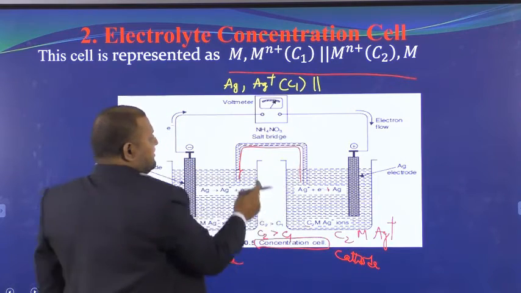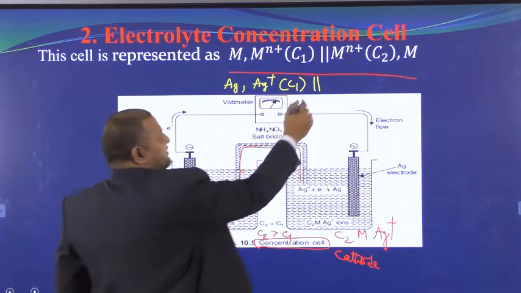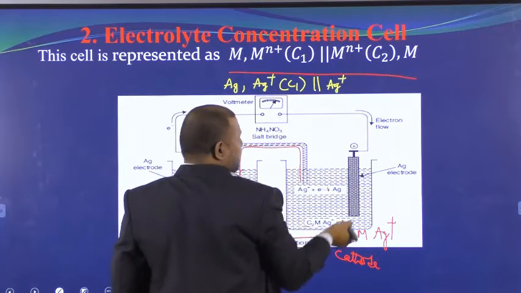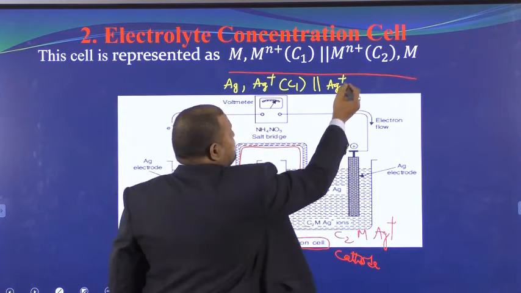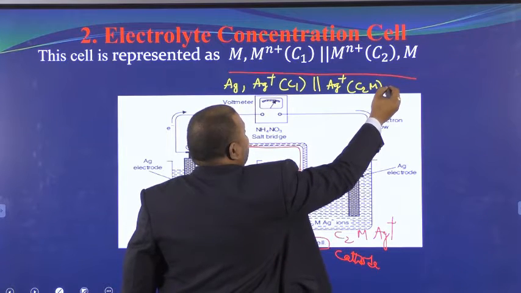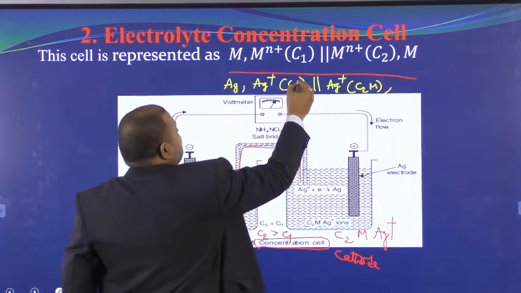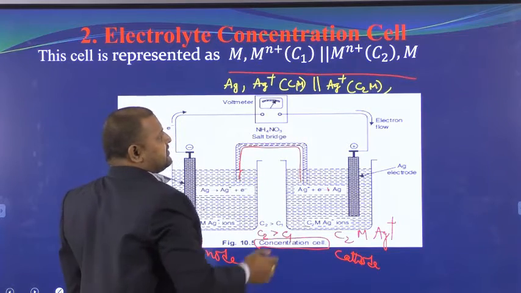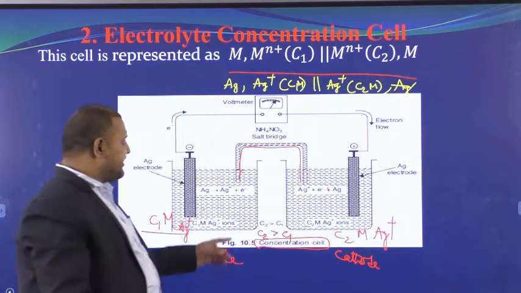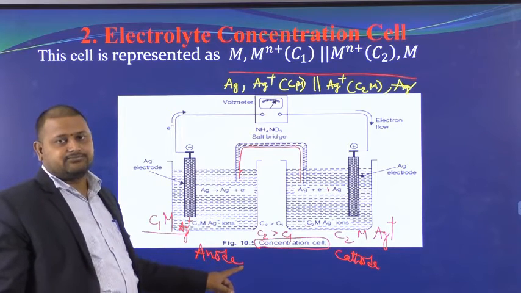Double slash means salt bridge, double lines. And Ag plus. What is the concentration of Ag plus here? C2. Here also M, meaning molar concentration. What is the metal we are using here also? Silver. This is the cell representation for this concentration cell.